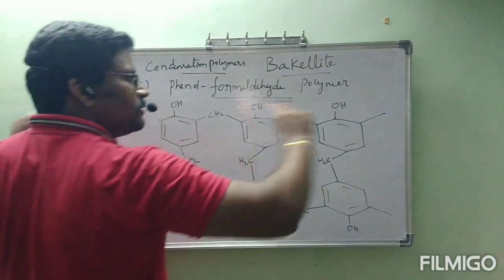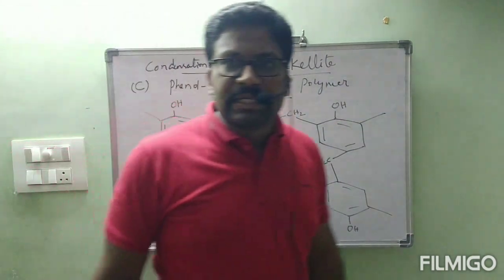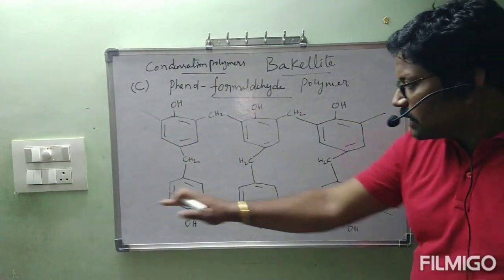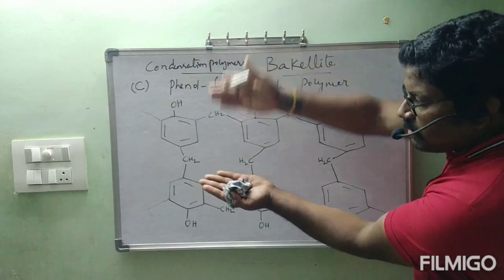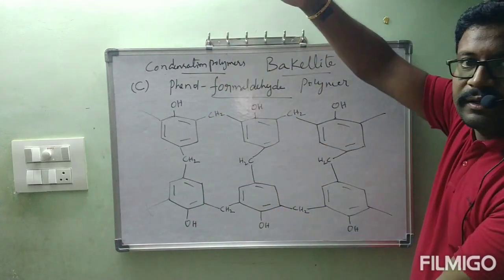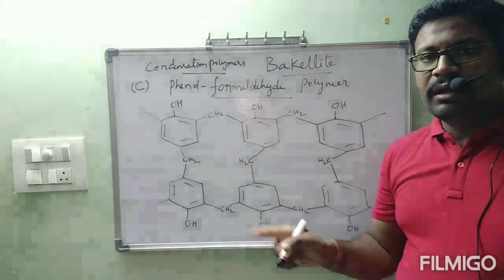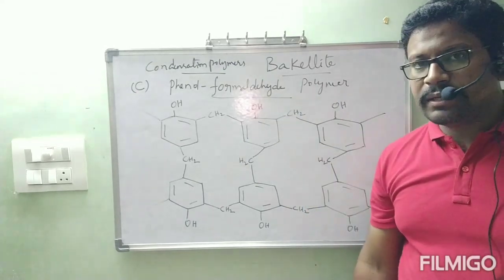If it is a straight chain, that is called NOVOLAC. If the straight chain NOVOLAC and another NOVOLAC are joined by CH2 groups to form a sheet, that is called bakelite. So the heading: phenol formaldehyde NOVOLAC bakelite polymer.